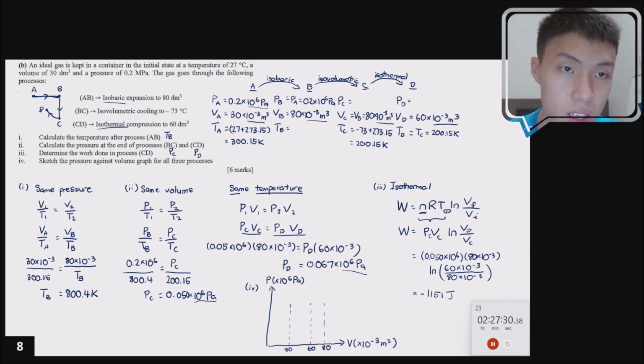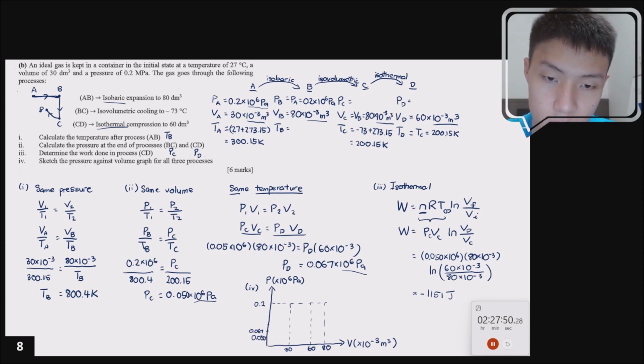Then for your pressure, there's 0.2, then here is 0.1, here is 0.05. Then 0.067 is probably around here.